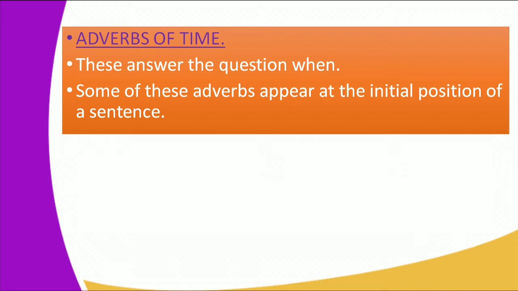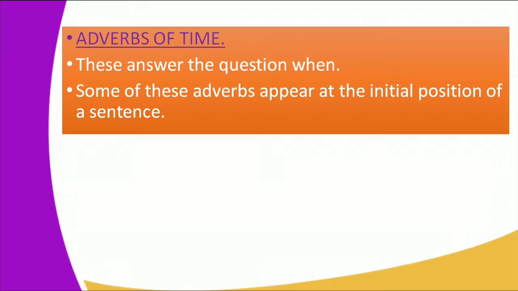And we're saying adverbs of time answer the question when. They show us when, or the time of performing a certain verb. Some of these adverbs appear at the initial position of a sentence.